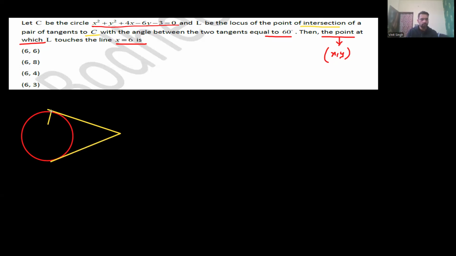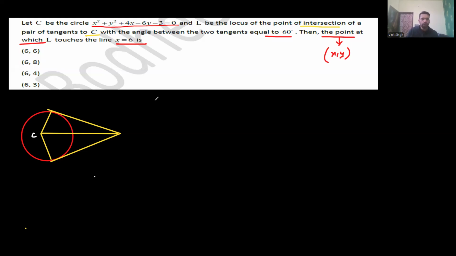This is the center of the circle. Now this is also a line. We will draw it for further use. Here the center is C.